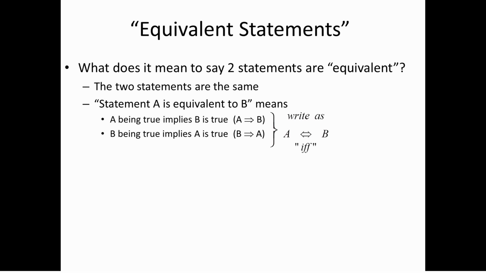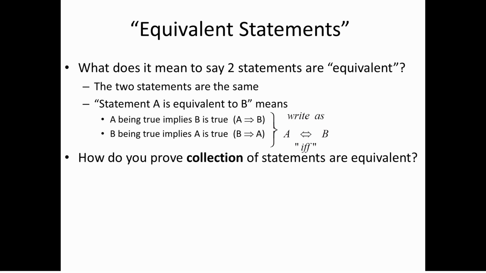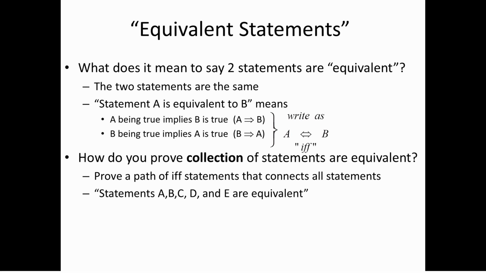Now, how do we prove that a collection of statements are equivalent? This is different. We have a bunch of statements. Like in that last theorem, we have 5 different statements. And basically what we have to do is construct a graph or a path of if and only if statements that connect all of the statements. So if we want to prove the statements A, B, C, D, and E are equivalent, we have to construct a graph that connects all the statements.